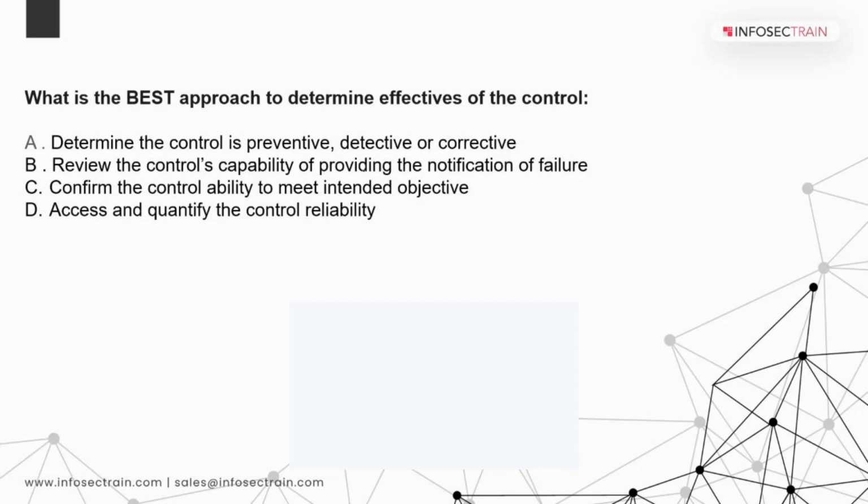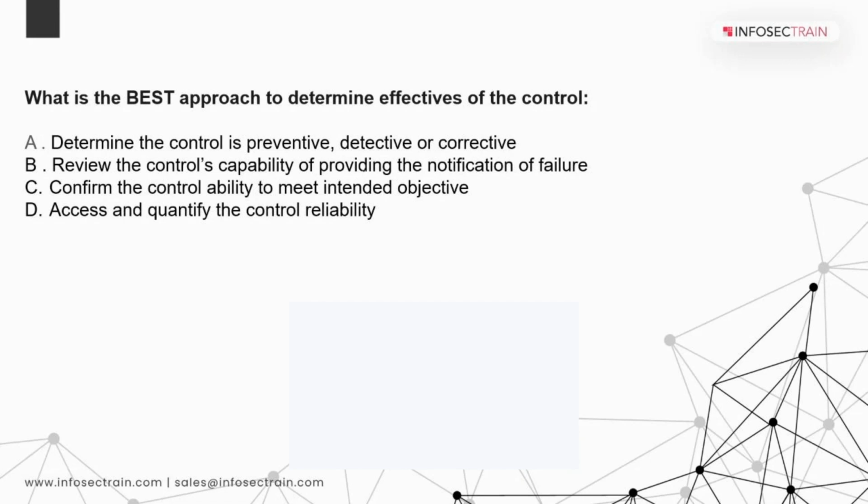What is the best approach to determine effectiveness of control? That means we already have controls. Here they are not discussing what type of controls, right? Maybe administrative, maybe logical or technical, maybe physical, maybe detective, maybe corrective, maybe preventive, maybe compensative, maybe recovery, any controls.